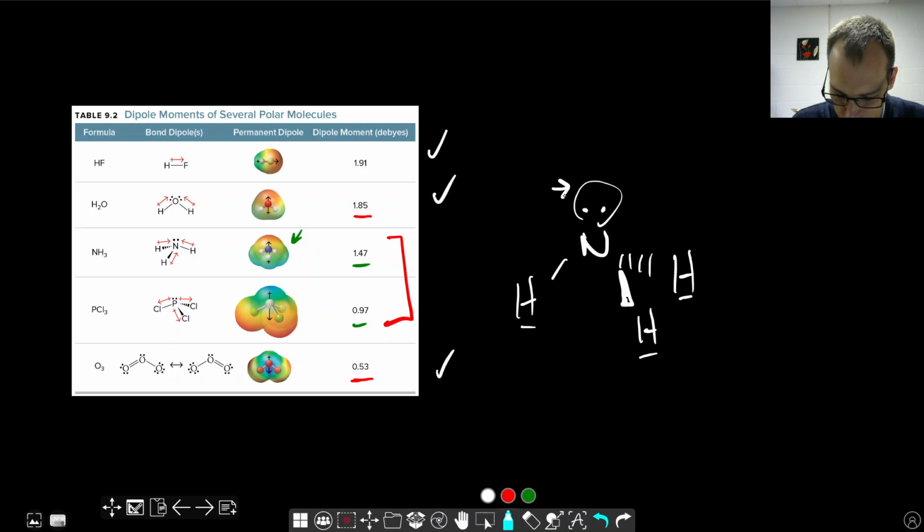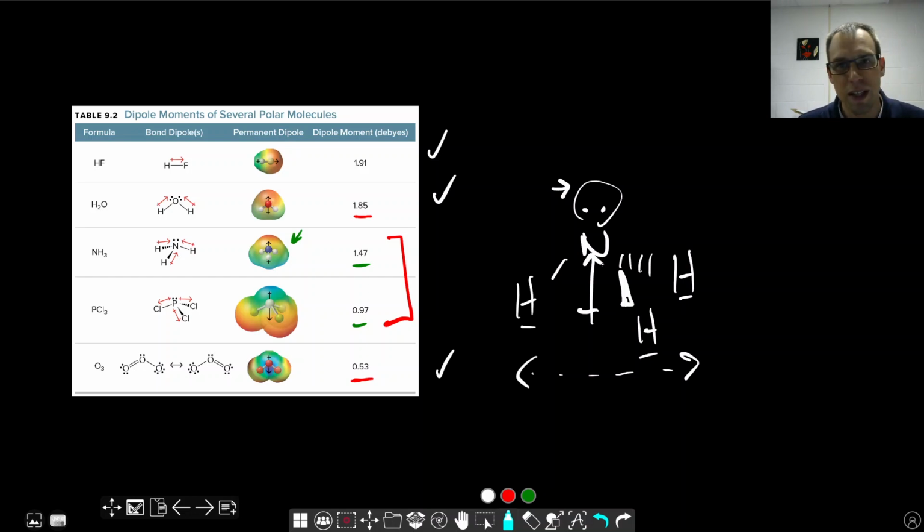The dipoles along this direction all cancel out, much like we saw with water, but there is a dipole that will now point from the hydrogens to the nitrogen, from the middle of the three hydrogens. The fact that they're all a little bit diagonal means that these dipole moments don't all cancel out. The same thing will be true for PCl3, except the dipole will point in the opposite direction because the chlorines are more electronegative than the phosphorus.